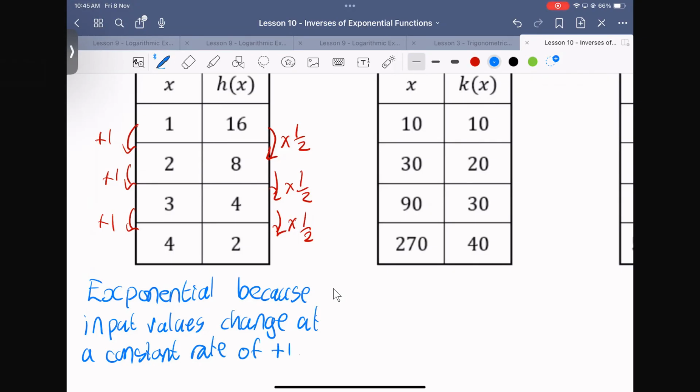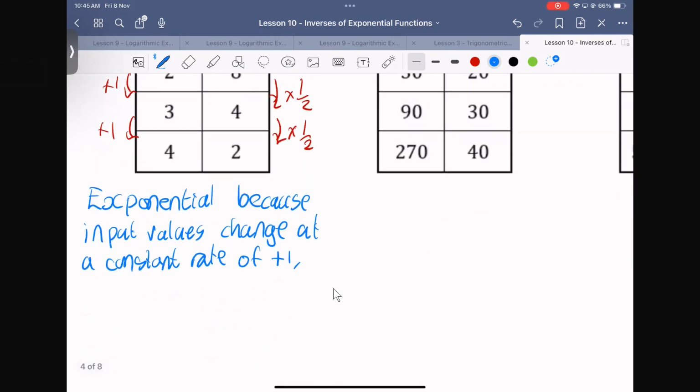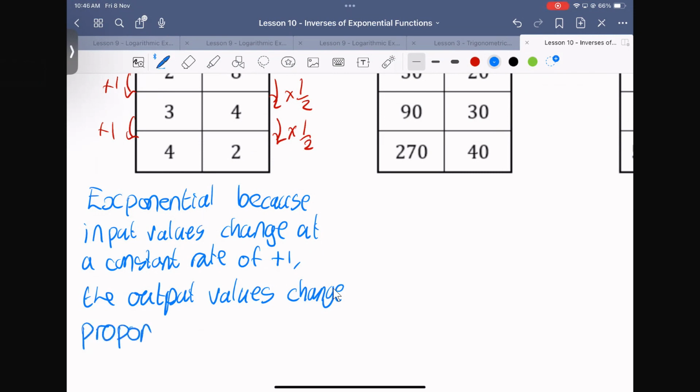Always reference your numbers if you can for a reasoning. Continue: the output values change at a proportional rate, with a factor of 1/2, times by 1/2.